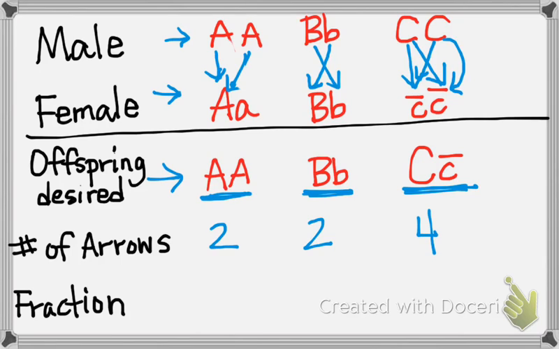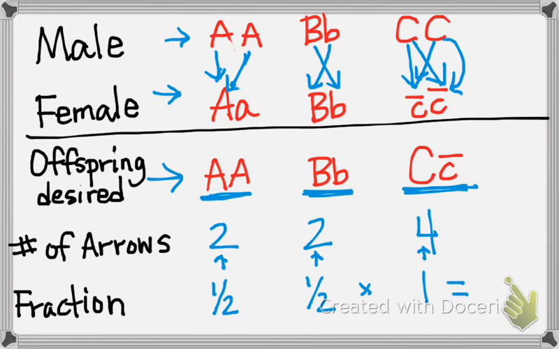So our fraction would be, we consider this out of a Punnett square of 4 squares, 4 different possibilities. So right here would be 2/4, which equals 1/2. This one would be 2/4, which is 1/2. And this one is 4/4, which of course is 1.